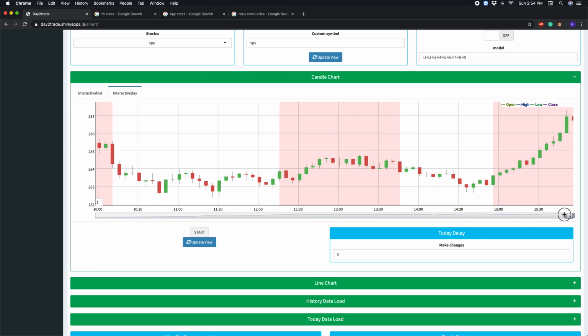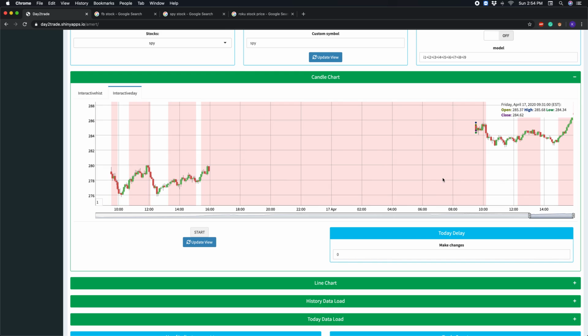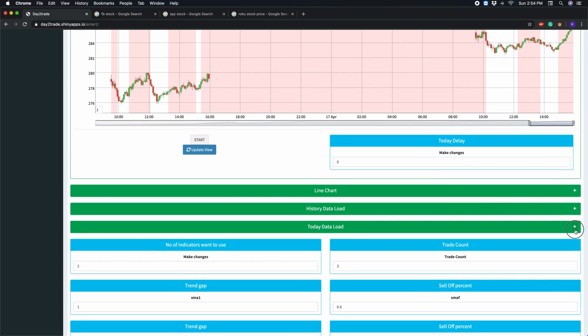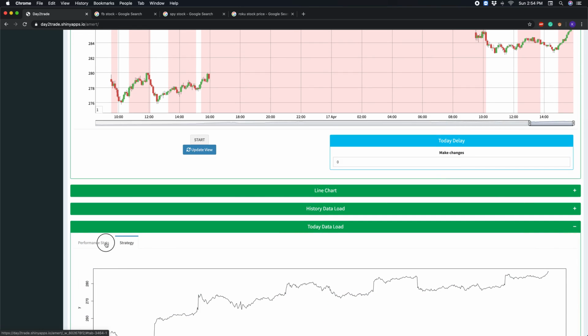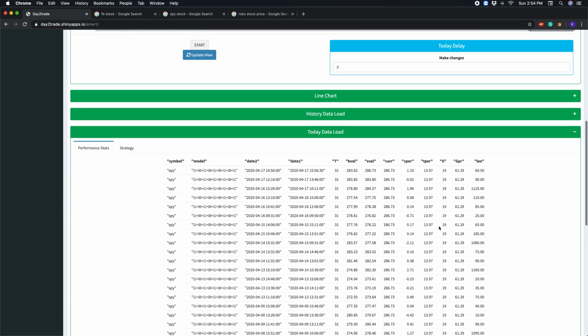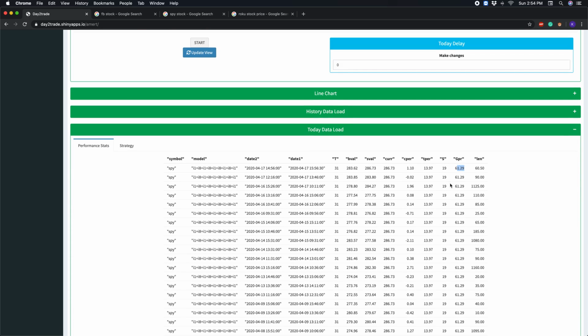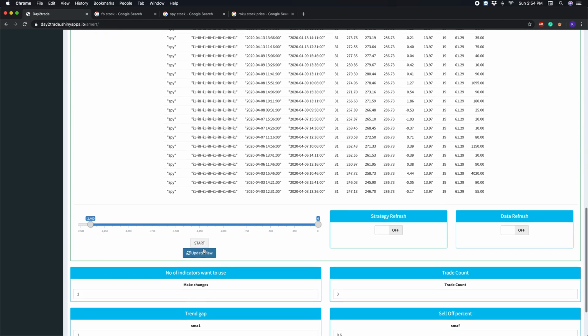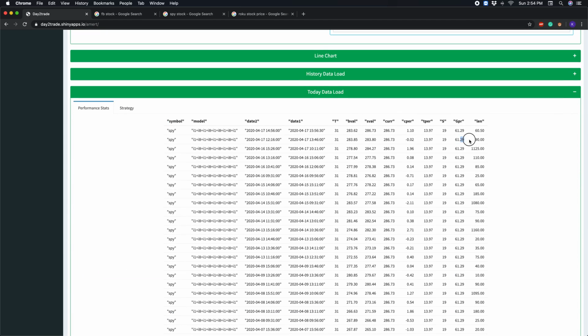I'm not saying this is a 100% probability approach, but you will get a decent probability of doing a trade like this. See, the probability percentage is 61. If you remember, Facebook was also around the 70s. I think SPY is around the 60s.